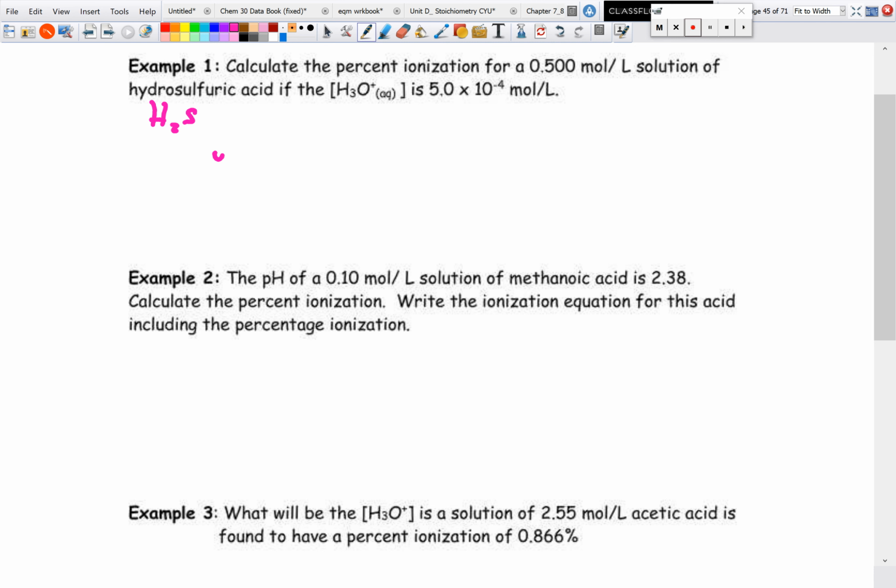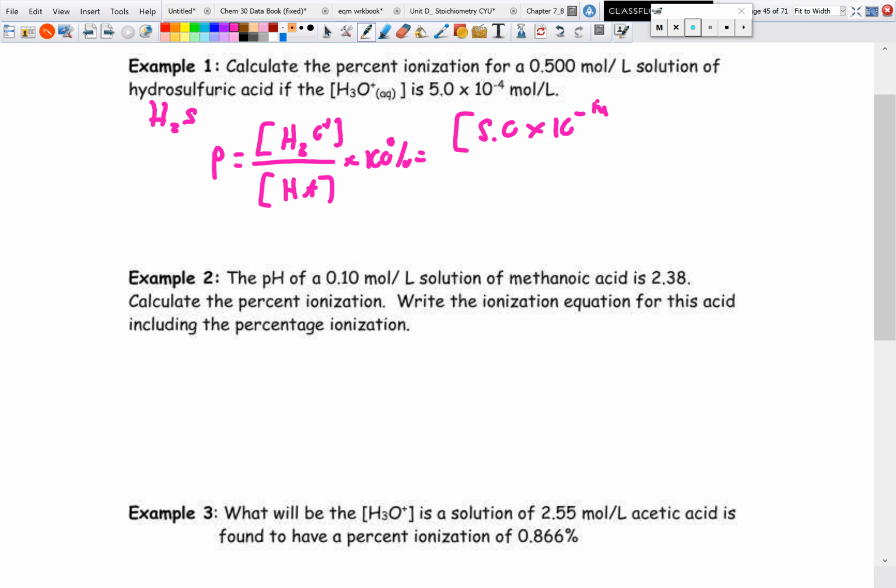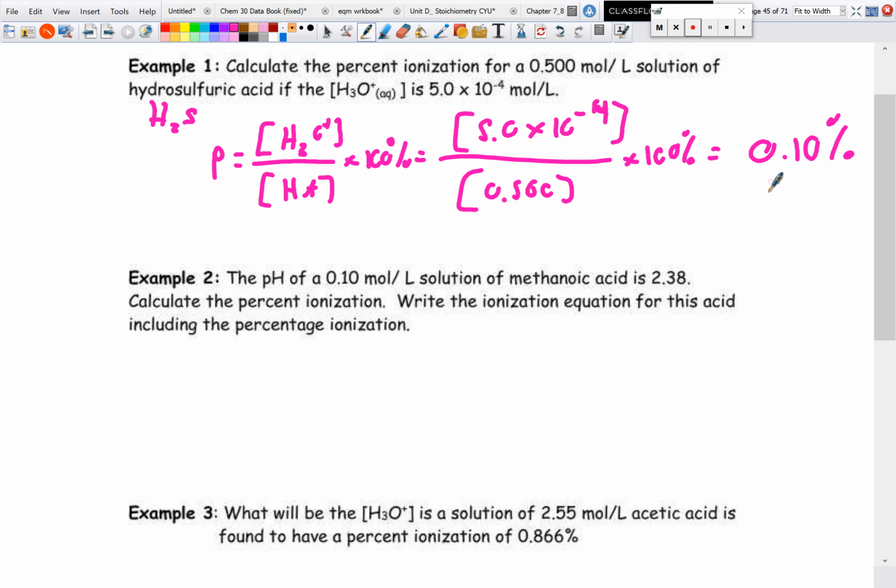So our formula, percent ionization, is equal to the concentration of hydronium over the concentration of our acid times 100%. So our hydronium is 5.0 times 10 to the power -4, not 14, -4, over the concentration of our acid, which was 0.500, and multiply this by 100%. And in our first example, we get a 0.10% ionization.